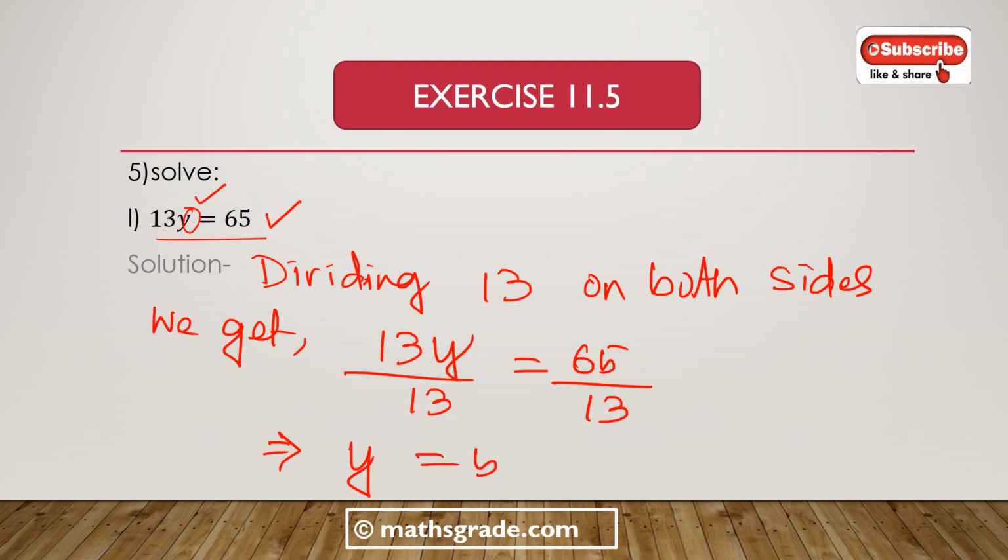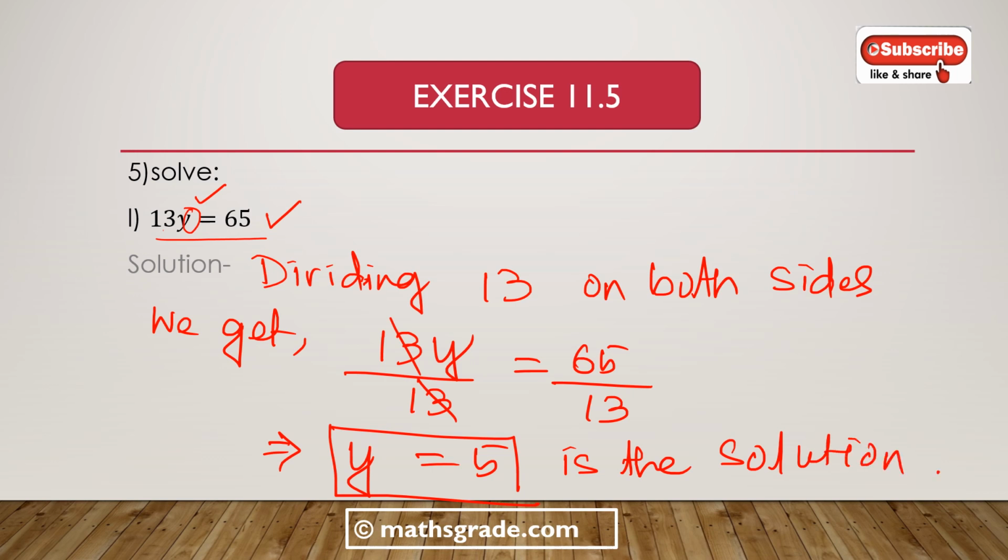That is y equal to 5. 13 and 13 will be cancelled and y equal to 5. And y equal to 5 is the solution of the given equation 13y equal to 65. Value of the variable y is 5.